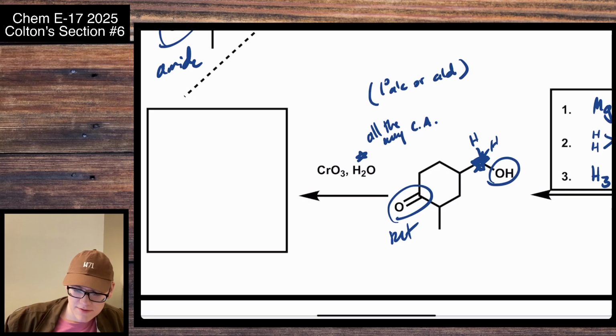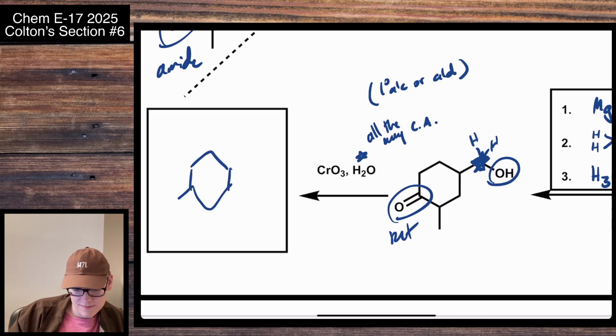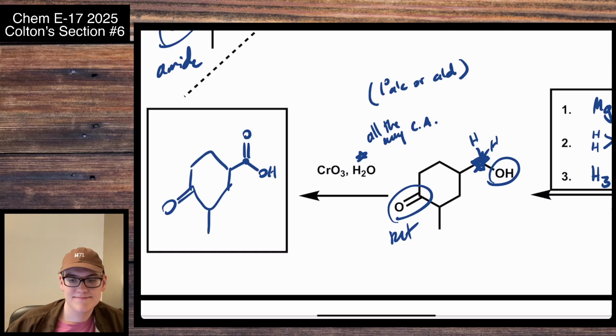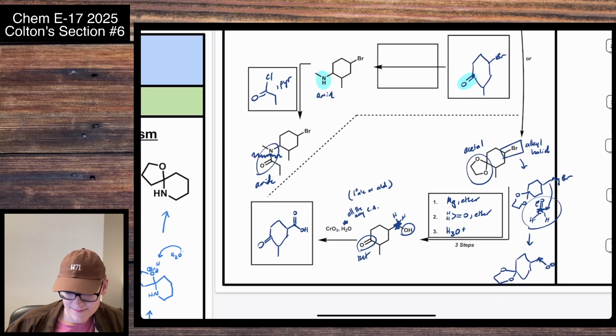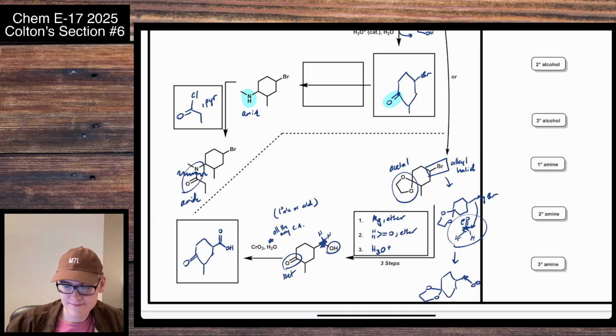So here, a ketone, we don't have a hydrogen there, so there's nothing to gobble up. But over here, this primary alcohol, we have two hydrogens we can gobble up, so we can oxidize it two oxidation levels. So that's going to take this carbon and make it into a carboxylic acid. And we are done there.